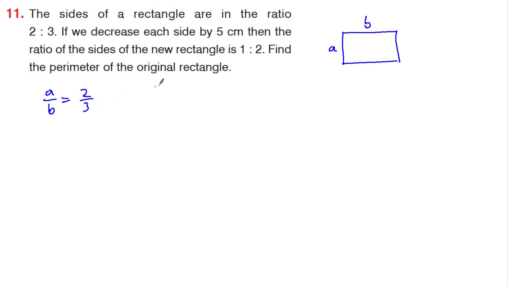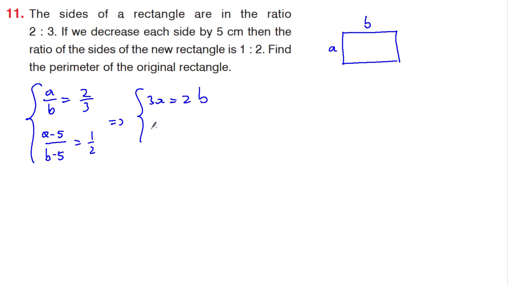If we decrease each side by 5, then the ratio of the sides of the new rectangle, also if I decrease this side by 5 and also this side by 5, the ratio would be 1 to 2. Great, this is now a linear equation. Cross multiply, 3a is 2b, 2a minus 5 is b minus 5 times 1, that's just b minus 5.